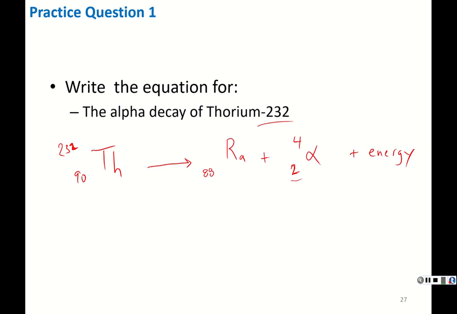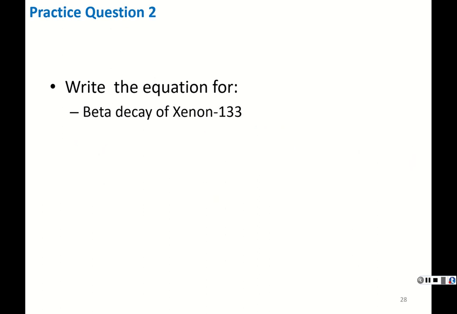And if we have 232 mass number to start, and we've lost 4 from that, that would be 228. So that would be the alpha decay of thorium-232. So you release an alpha particle and energy, and by doing that, you've converted thorium to radium.